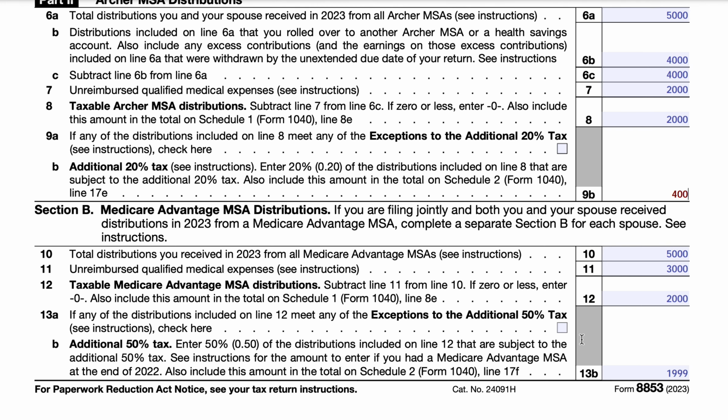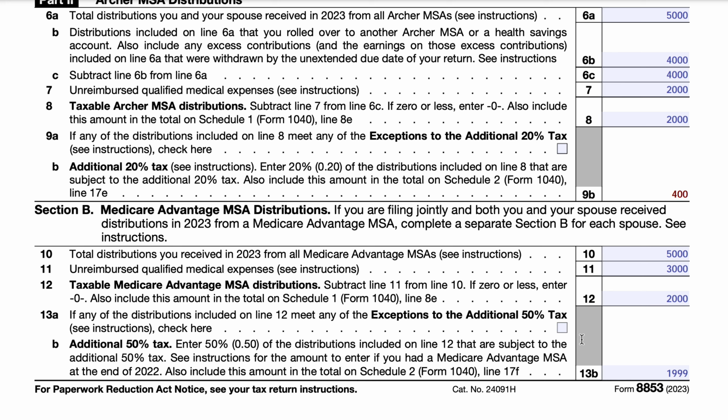So there is a 50% tax on Medicare Advantage MSA distributions that applies with two exceptions. The exceptions are in case of death or disability. Because generally speaking, everyone on Medicare by definition is age 65 or older, there is no exception for being age 65 or older.